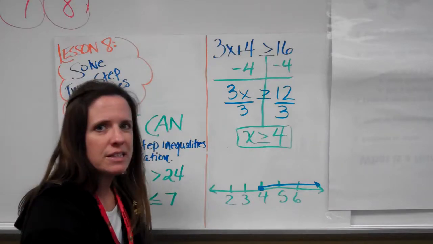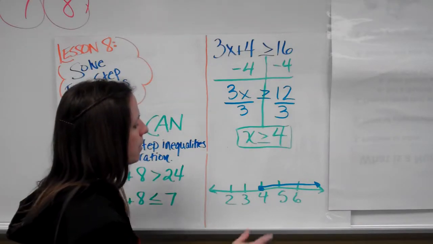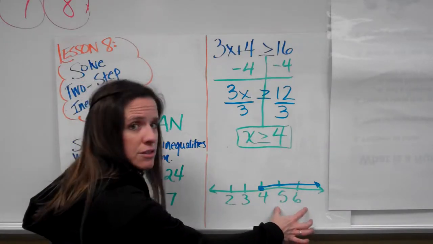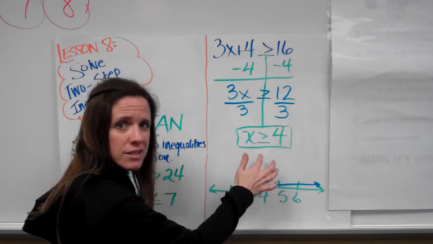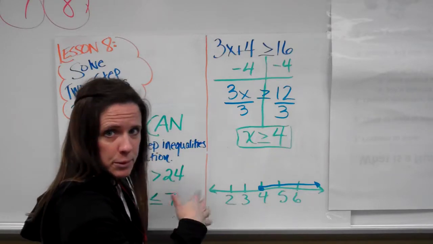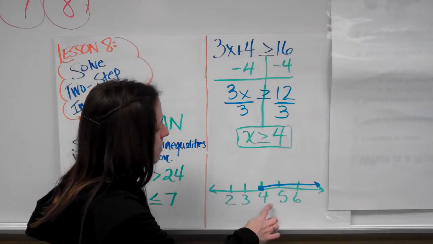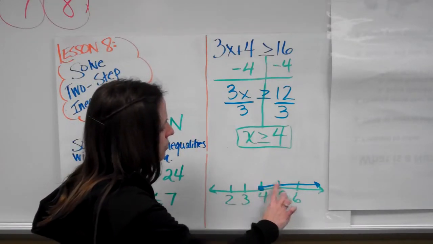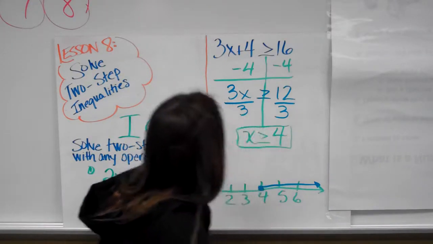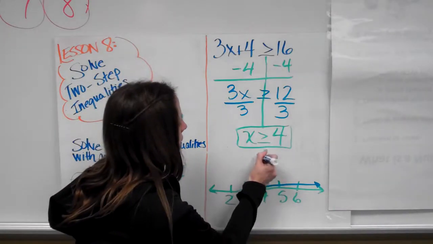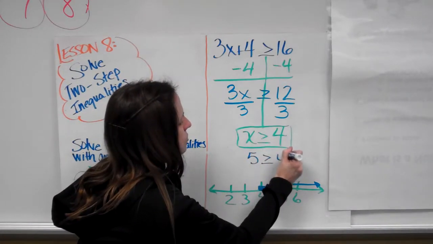Now we're going to have you check this a little bit differently here, and we're going to have you test one that falls in your shading and one that doesn't, to make sure that it's a true statement with one that does and a not true statement with one that doesn't. So we have shaded in here to the right of 4, so let's try 5. If we put 5 in for x, is 5 greater than or equal to 4?